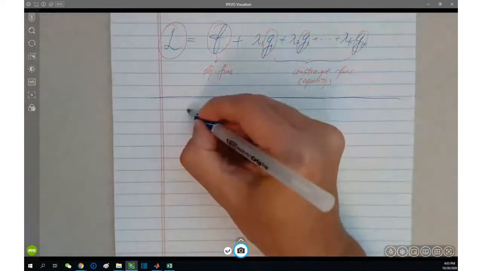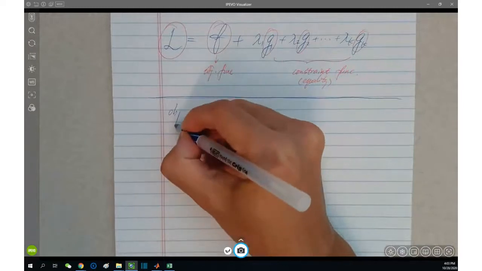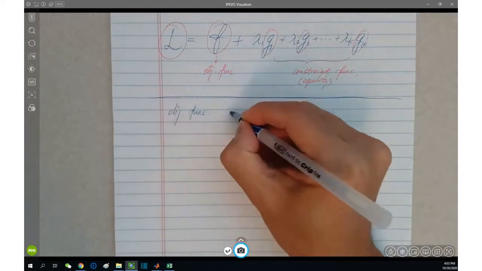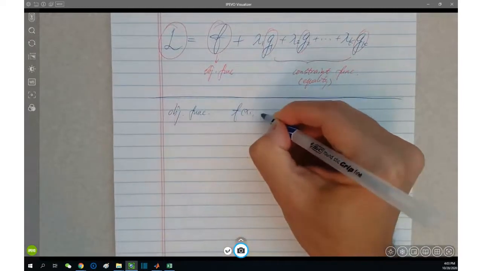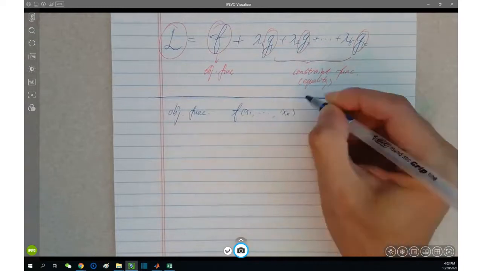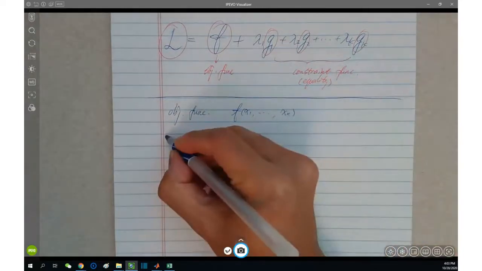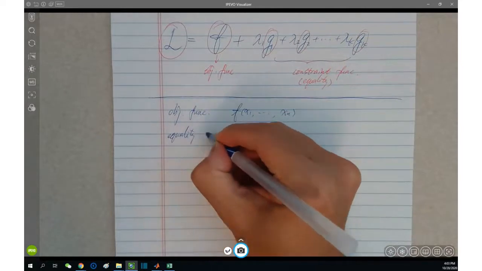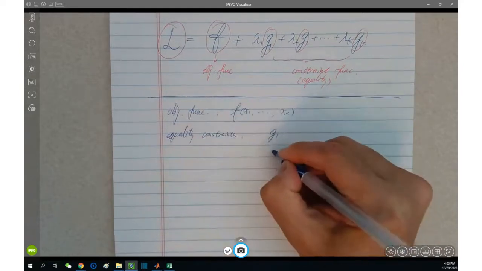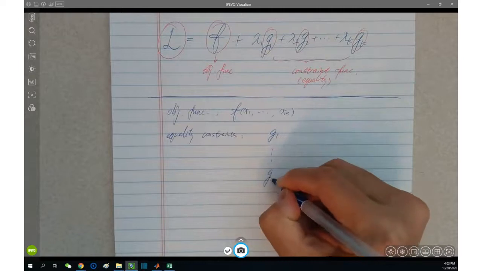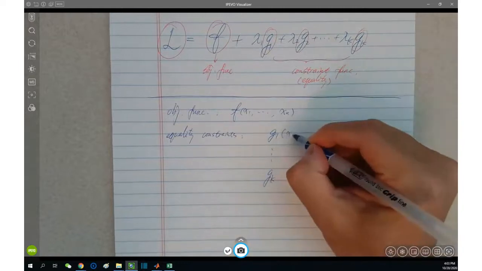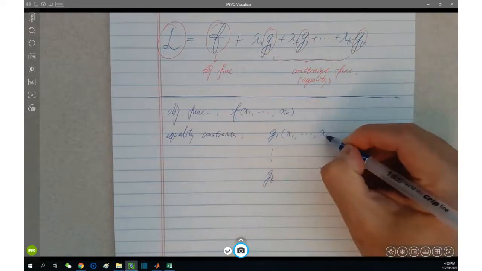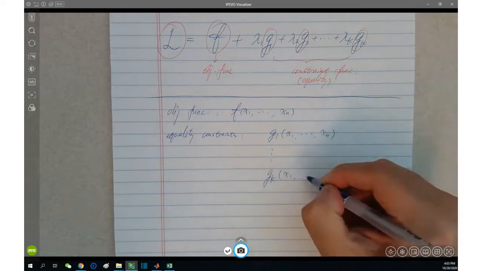So for example, objective function f of x1 through xn. Equality constraints are g1 through gk, right? They are all functions of x1 through xn as well.